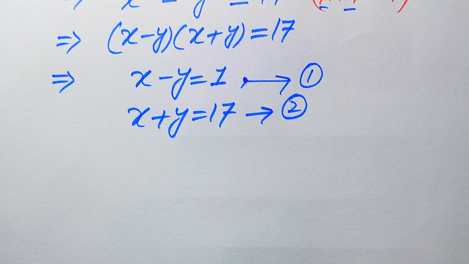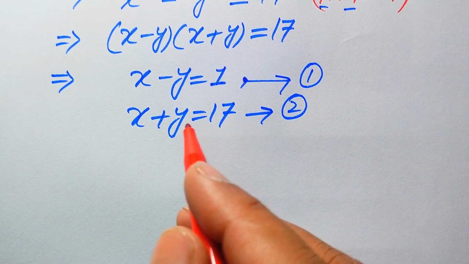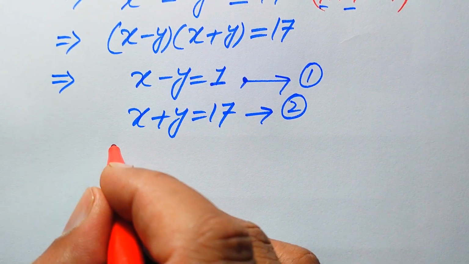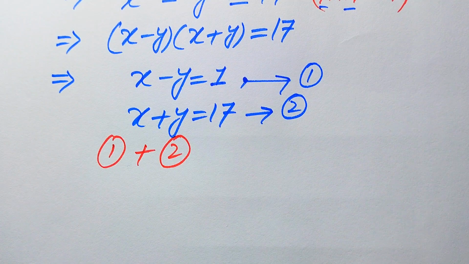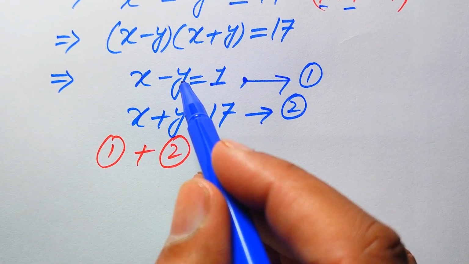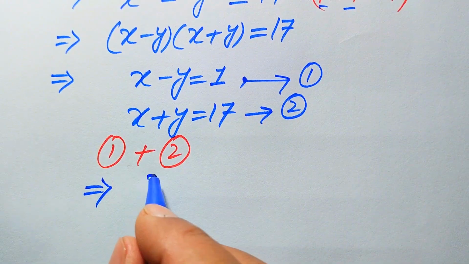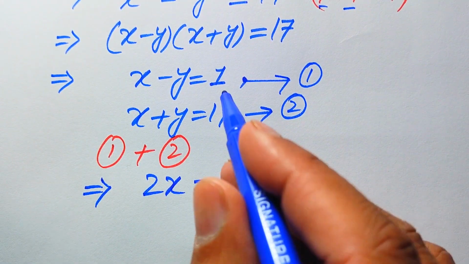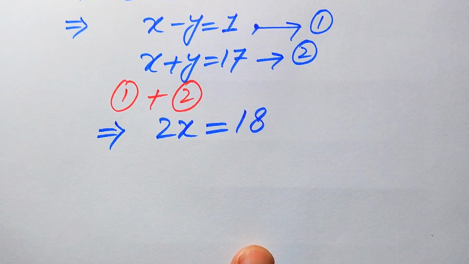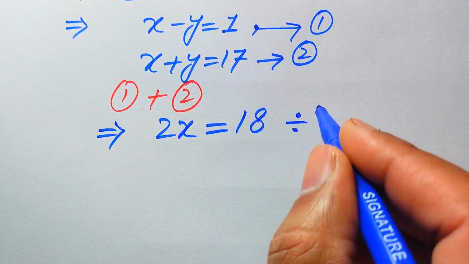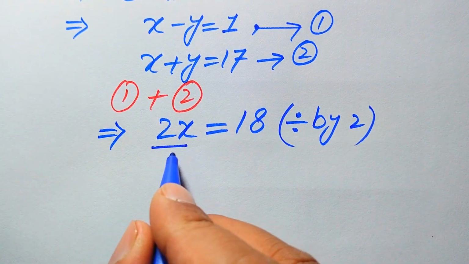So in the next step, we sum up both of these two equations in order to get the value of x. We add equation number 1 and equation number 2. When we add these two equations, you see that negative y and positive y cancel out by each other, and we get x plus x becomes 2x equals 1 plus 17 equals 18. Now for the value of x, we divide both sides by 2 in order to remove this 2 from the left hand side.